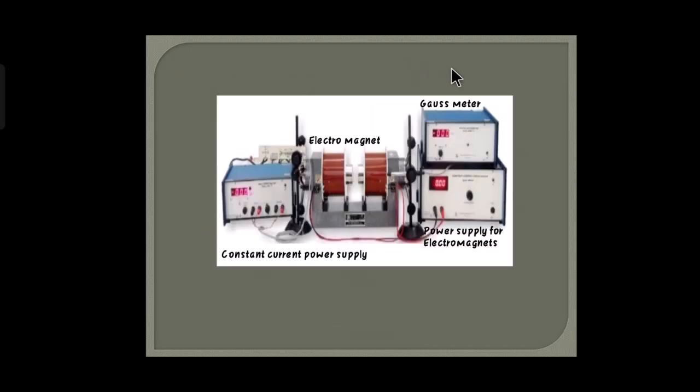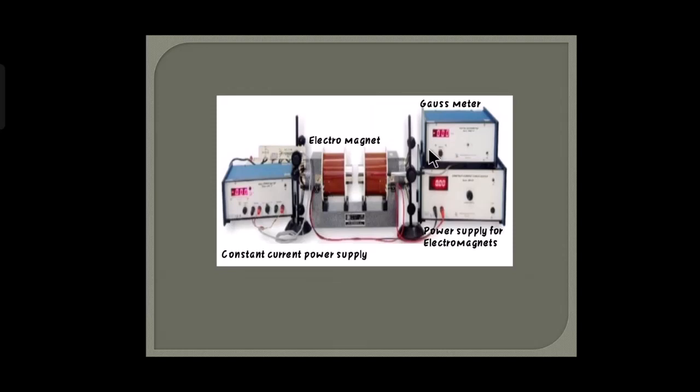So this is the setup for the Hall effect experiment. Here we have the Gauss meter and the power supply for the electromagnet, which is connected to the electromagnet. This current will produce a magnetic field in the electromagnet, so on controlling the current, we can control the magnetic field required.